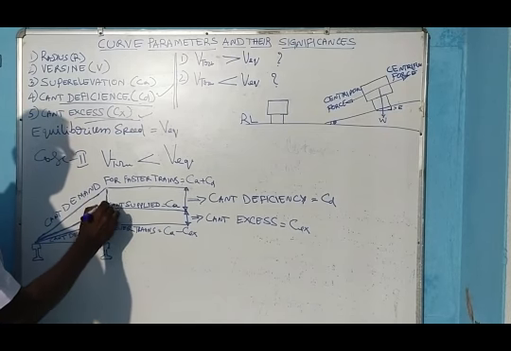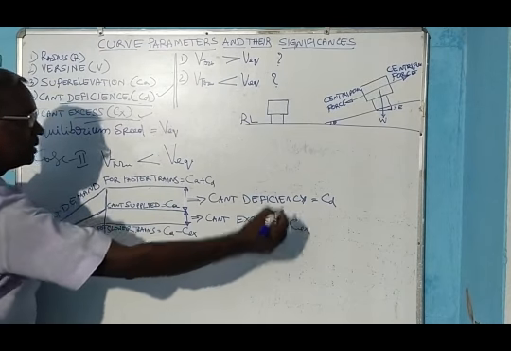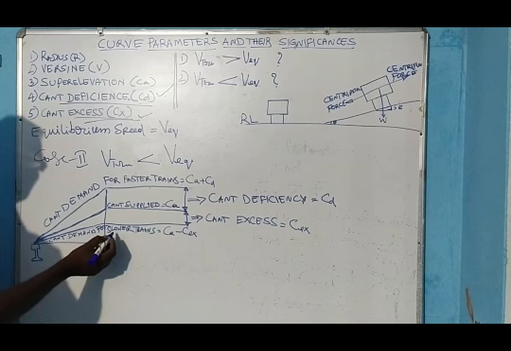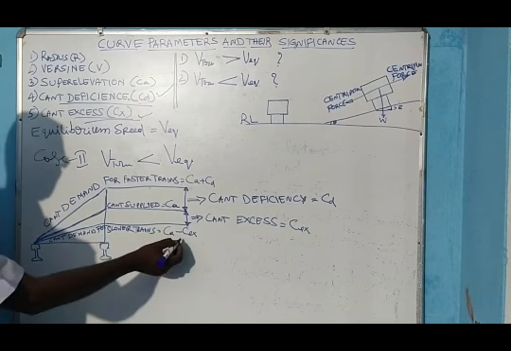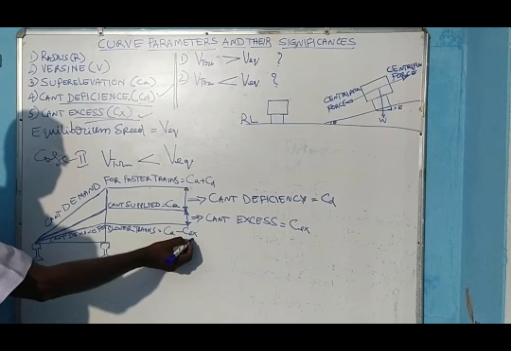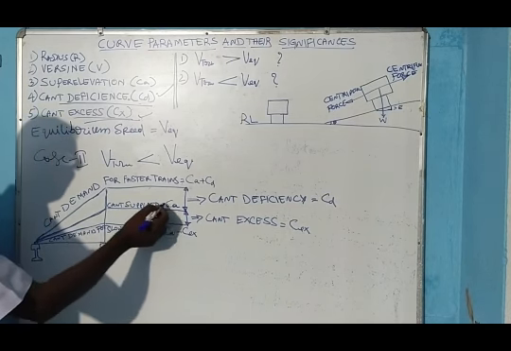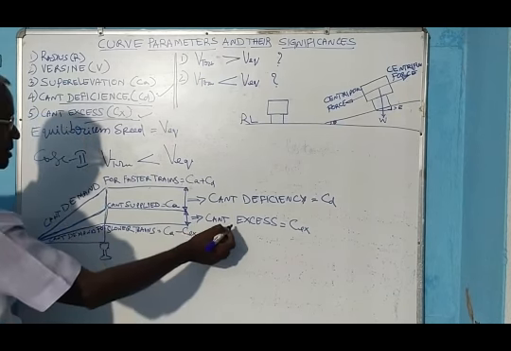That difference is cant deficiency. Next, cant demand for slower trains is CA minus CEX. This is the cant provided, and this part is cant excess.